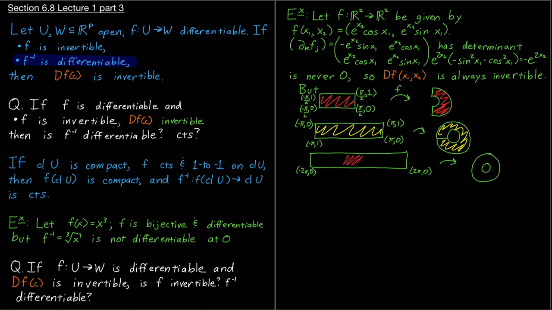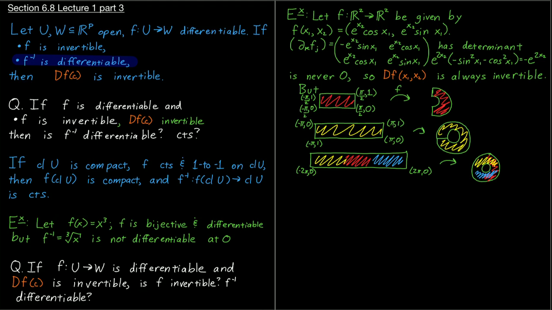The middle region will map to this side of it, and then this part here, you'll double count. So you'll see this is no longer 1-to-1.